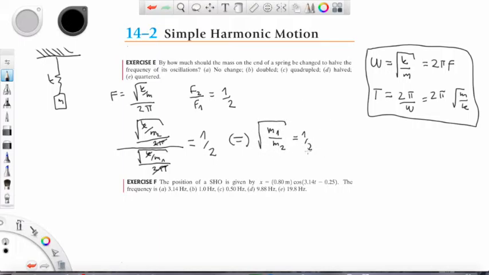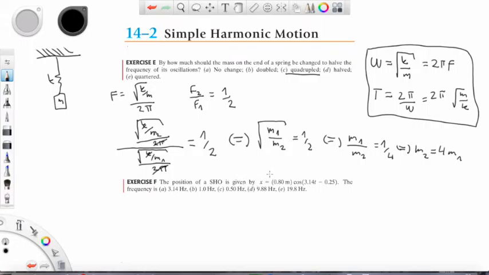We raise the whole thing to the second power: m1 over m2 equals 1 over 4, from which we can solve m2 will be 4 times m1. So what do we have to do to the mass on the end of a spring? M2 is 4 times M1, so it has to be quadrupled.